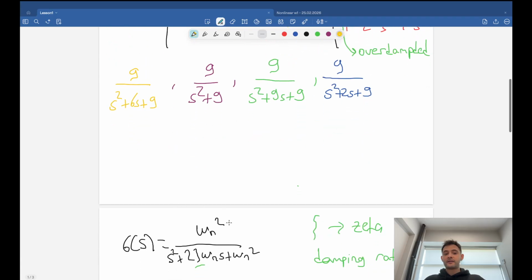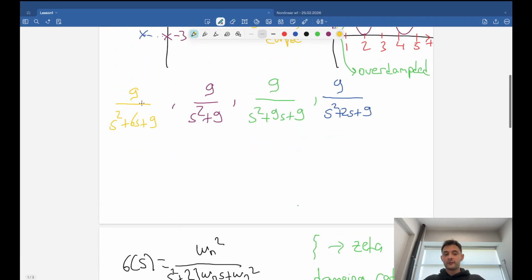Since we said omega n squared is the value here, like 9, I can say omega n is 3, right? And since we have 6 there, I can say 2 zeta omega n is 6. 3 equals, I just divided by 2.